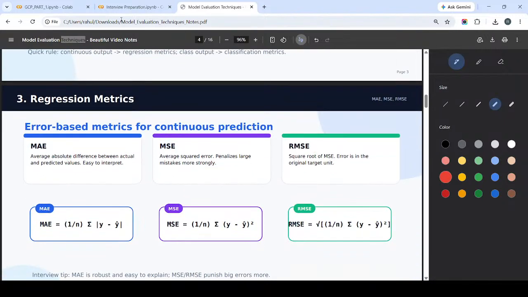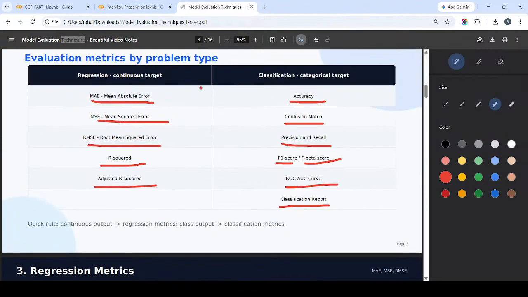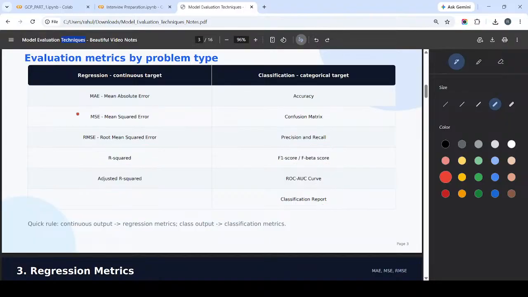Now let's discuss them one by one. First of all, what is mean absolute error? It is the average of the absolute difference between actual values and predicted values. So what is error basically?